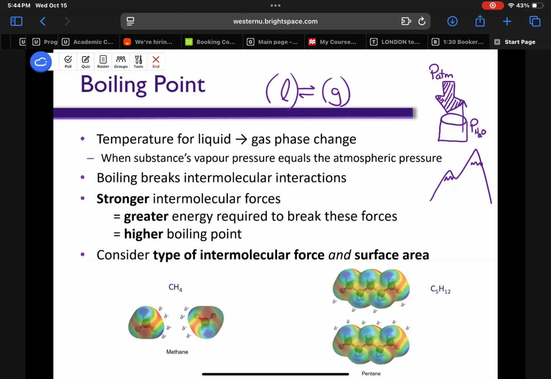So if we have stronger intermolecular forces, we're going to have to put in more energy from our stove or our campfire or something to heat it up to disrupt those stronger intermolecular forces. So you have to have a higher boiling point to make that happen. So how do we figure that out? Well, we want to consider the types of intermolecular forces and the surface area between those molecules, and then we can predict boiling points from there.